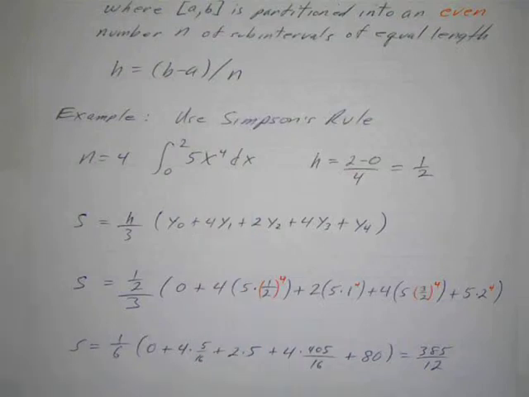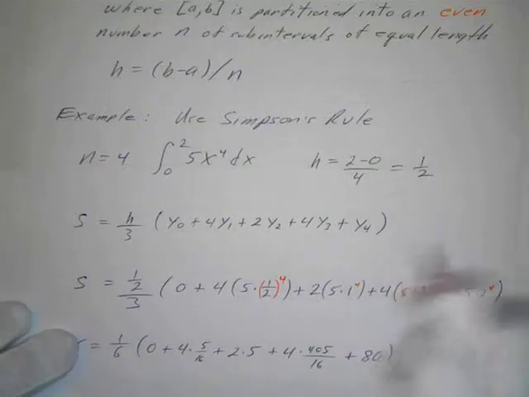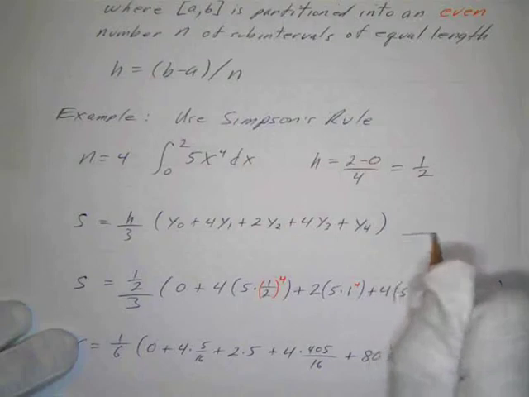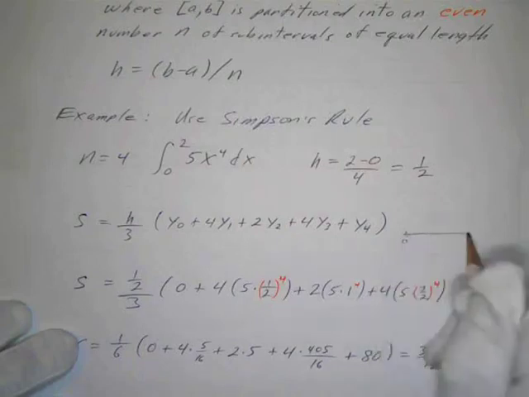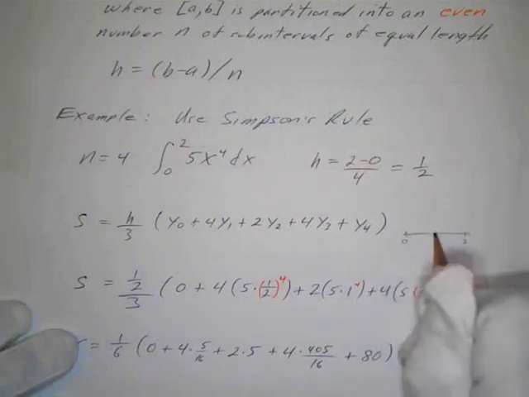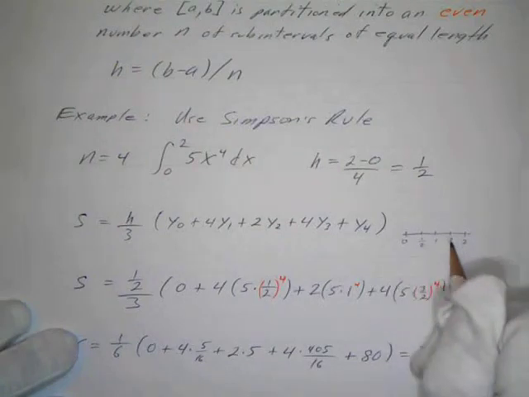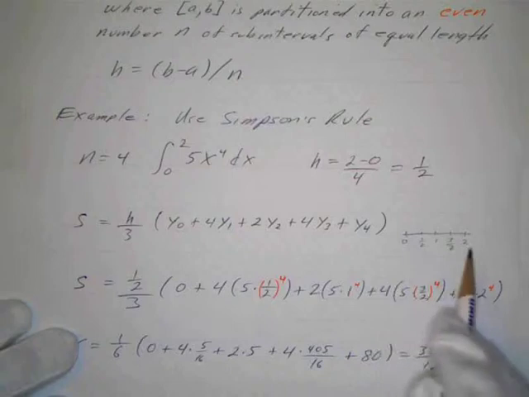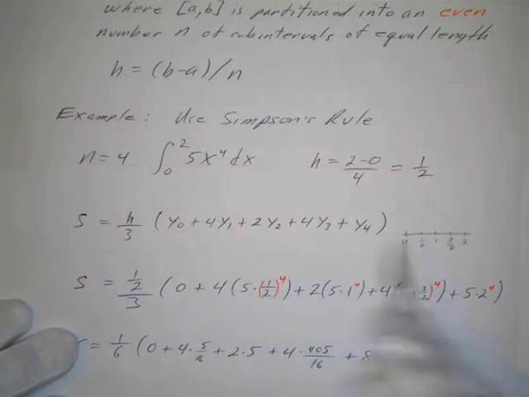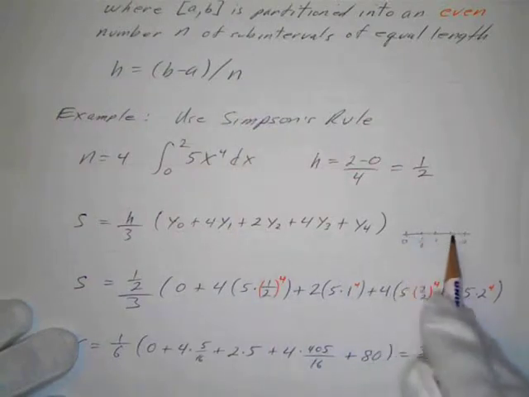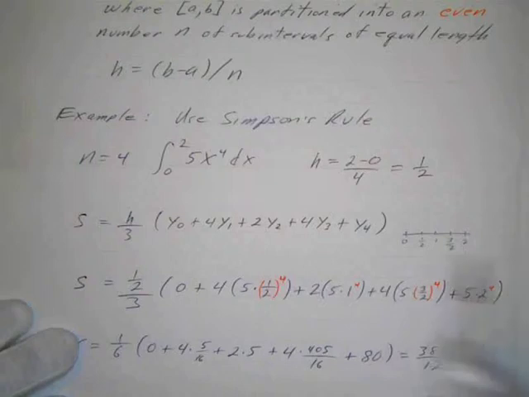You could draw a line to help you: on the interval from 0 to 2, there's 1/2, 1, and 3/2. That divides your interval into 4 little sections, n equals 4.